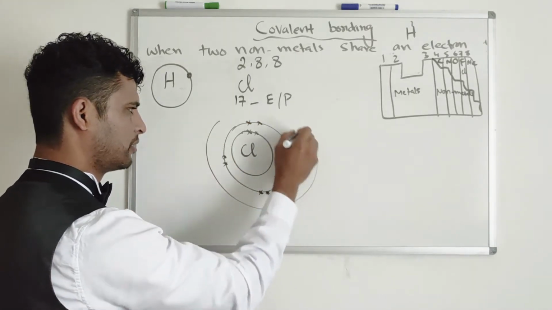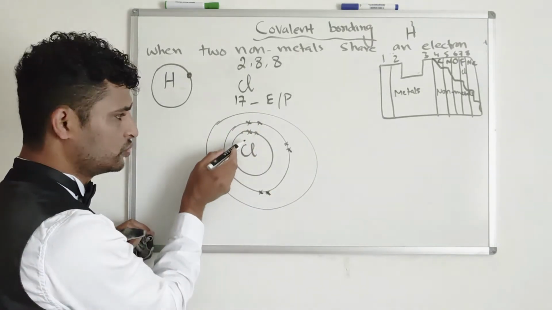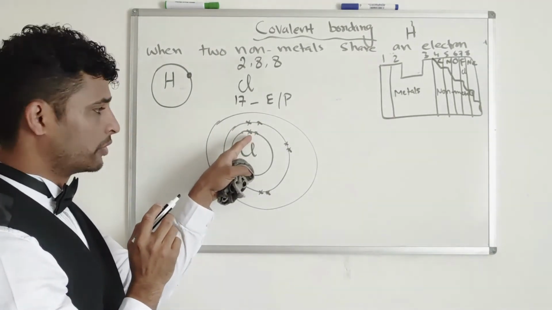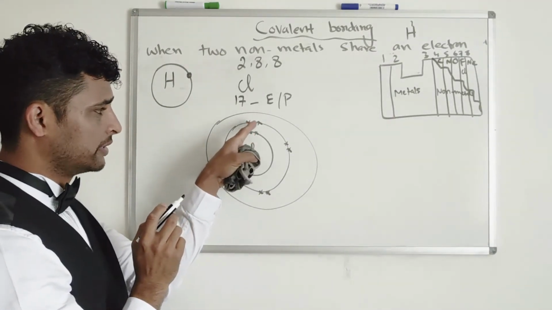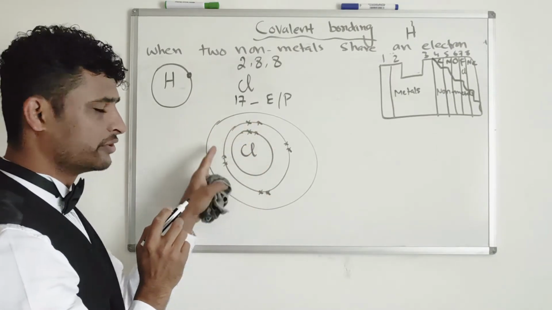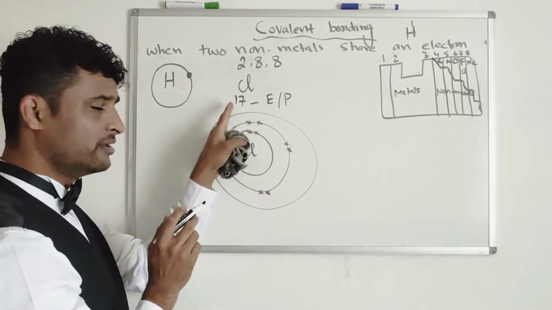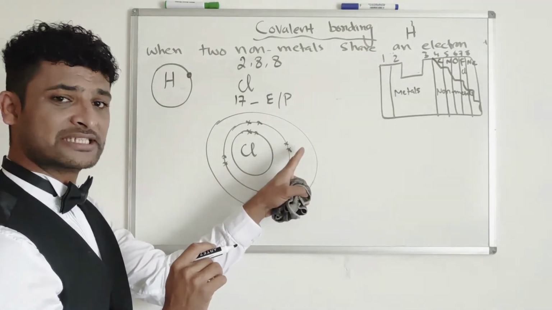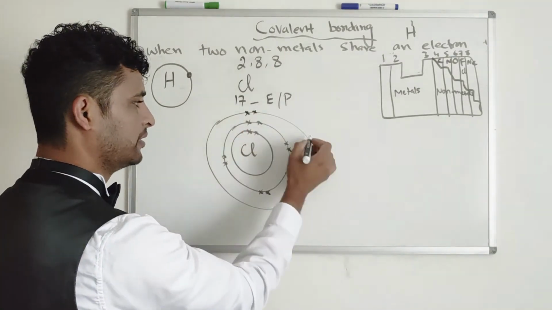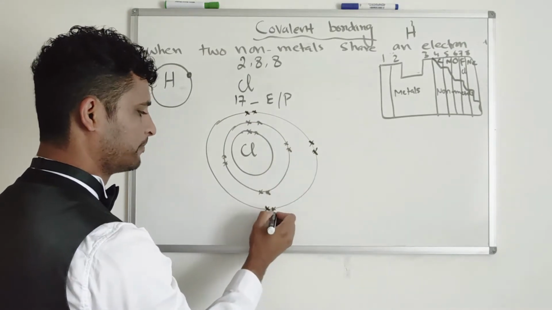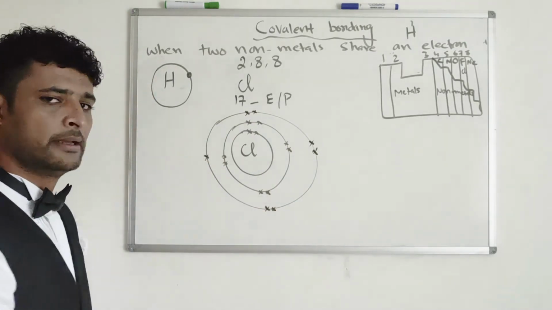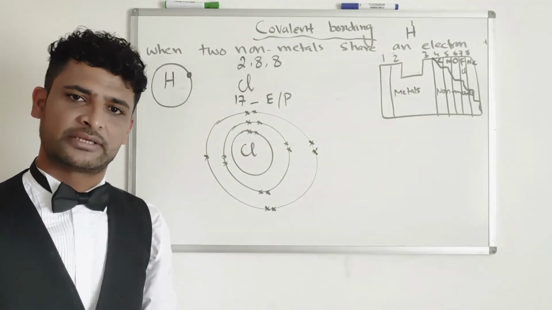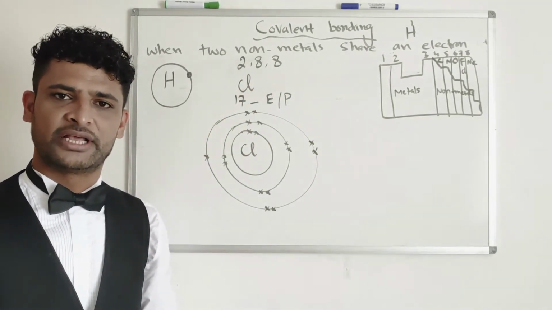And out of 17, 2 have gone into shell number 1, and 8 have gone into the second shell. So 10 are already gone. Then you are left with 7 electrons, which will be in the last shell. Now the rule is the maximum you can have is 8 electrons in the second or third shell.